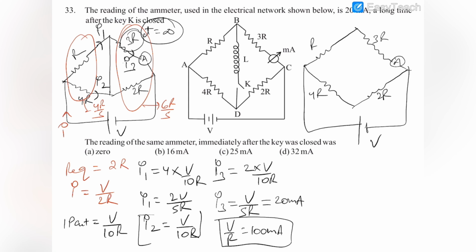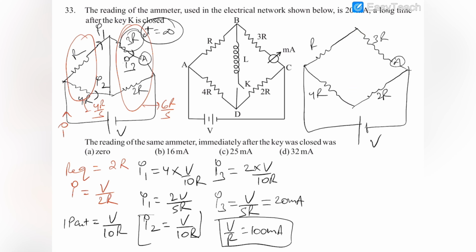Okay. Now in the second case, this situation is given in the question, that it is asked the reading of the ammeter immediately after the key was closed. So at t equal to 0, when we have just closed the switch, we know that the inductor opens the circuit and it offers infinite resistance. So I have not drawn this inductor and I have drawn an open circuit.